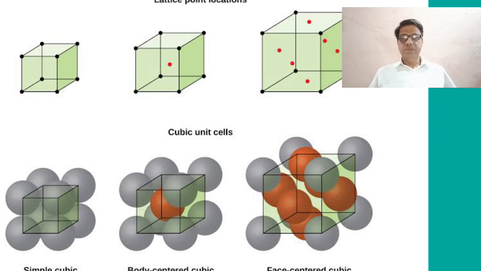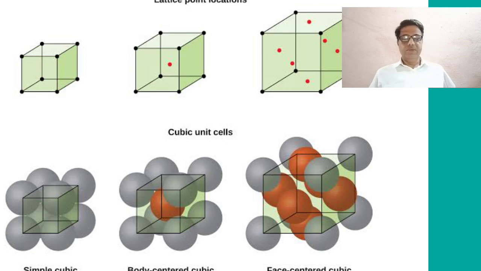Now next students, face centered unit cell. The unit cell consists of particles at the center of each of the face in addition to the corner particles. या फेस सेंटर्ड मध्ये 8 कॉर्नरला 8 पॉईंट्स 1 2 3 4 5 6 7 8 अँड इन ॲडिशन टू याच्या बरोबरच त्या ठिकाणी प्रत्येक फेसला the unit cell consists of particles at the center of each of the faces.